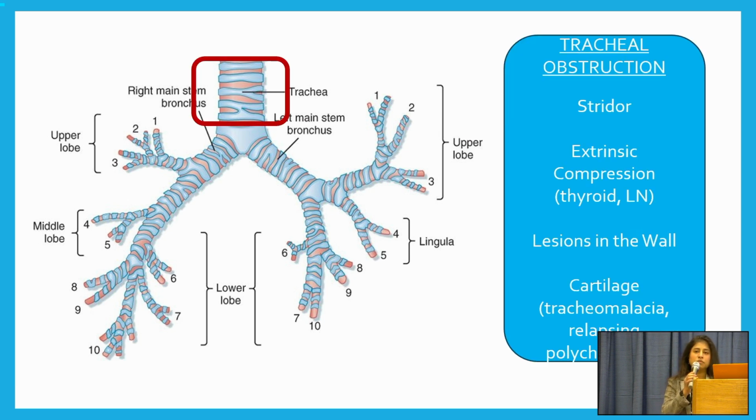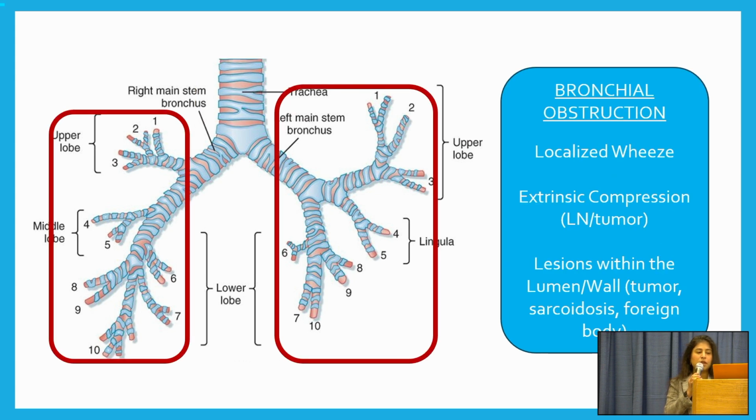Tracheal obstruction, you're going to hear more of a stridor. This is an extrinsic compression, sometimes from the thyroid, from lymph nodes, sometimes from lesions within the wall, or the cartilage itself is an issue. We're talking about tracheomalacia, relapsing polychondritis. Bronchial obstruction is, again, a localized wheeze, not really as diffuse.